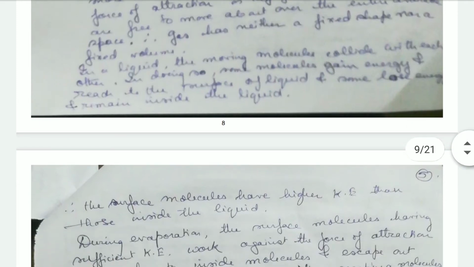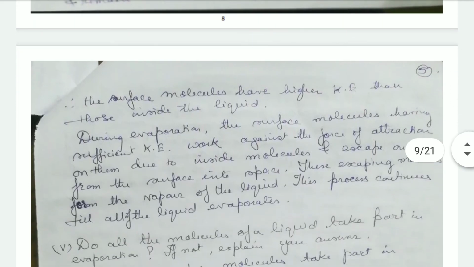The molecules which gain energy have higher kinetic energy than the liquid inside, and the molecules which lose energy remain inside. The molecules which gain energy than the inside molecules evaporate. They start changing state. They leave the surface of the liquid.